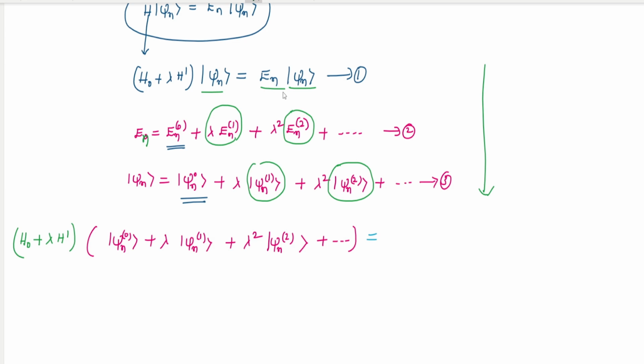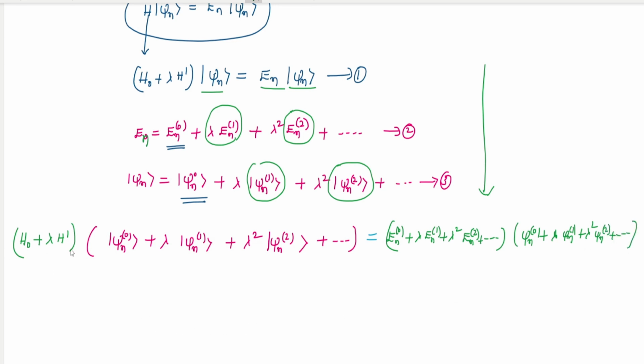So in place of En, I'm going to write E n power 0 plus lambda E n power 1 plus lambda square E n power 2 plus and so on, into the wave function psi n of 0 plus lambda psi n 1 plus lambda square psi n power 2 plus and so on.